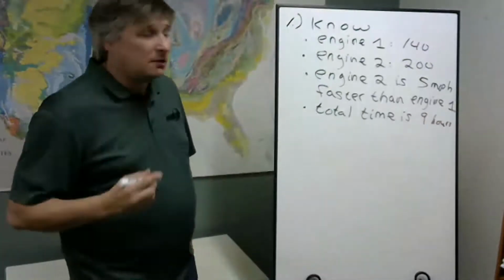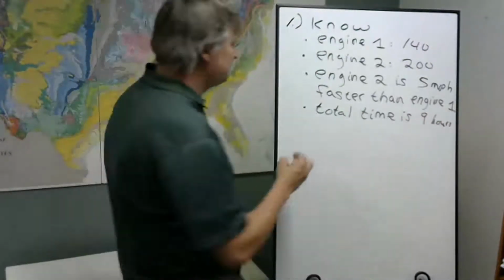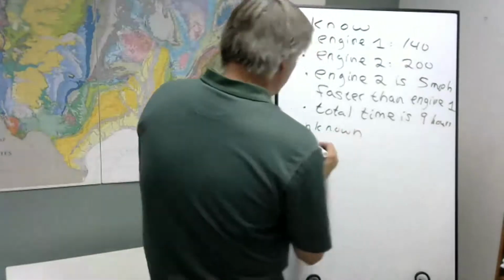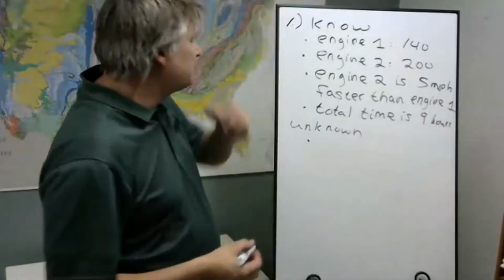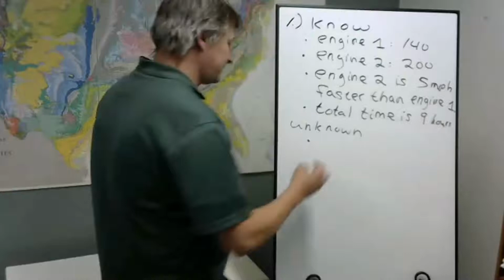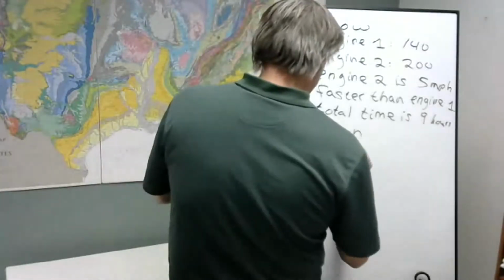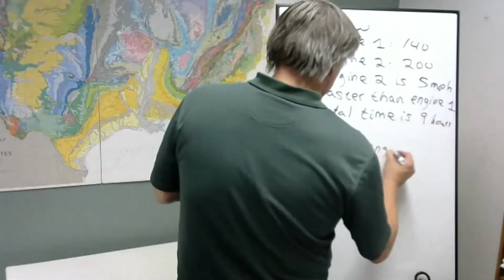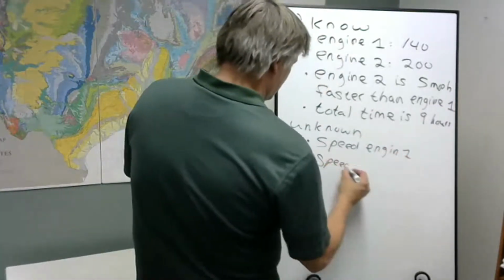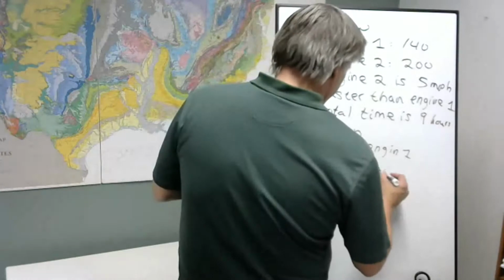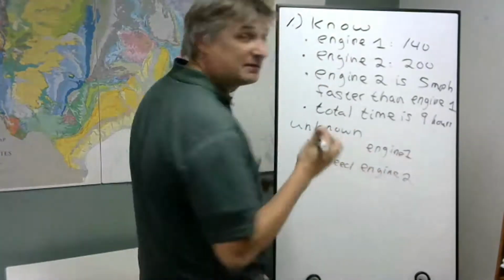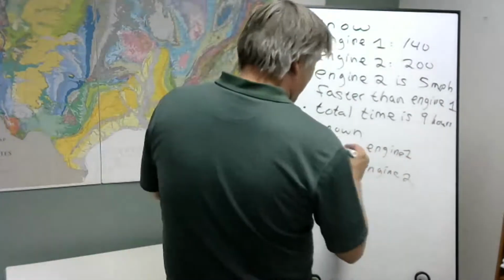So what is it that we don't know? Well, what's unknown, and what they're asking us from the beginning, is the average rate of travel, or the speed of engine 1 and engine 2. All this rate will be consistent, and by rate, we do mean average rate.